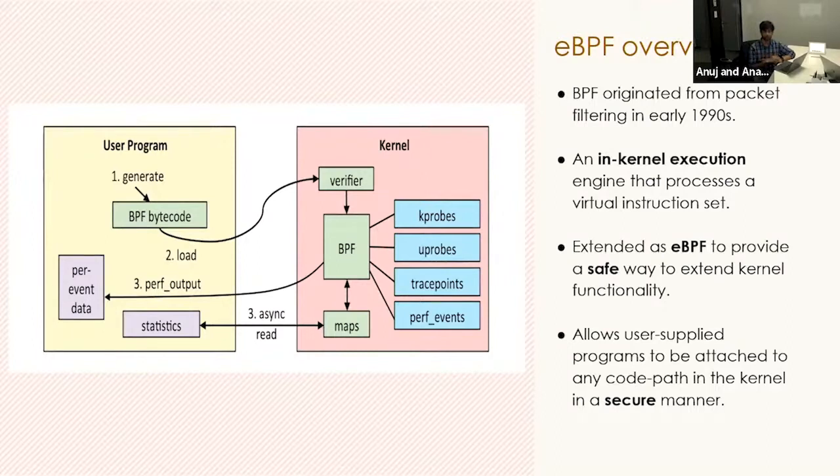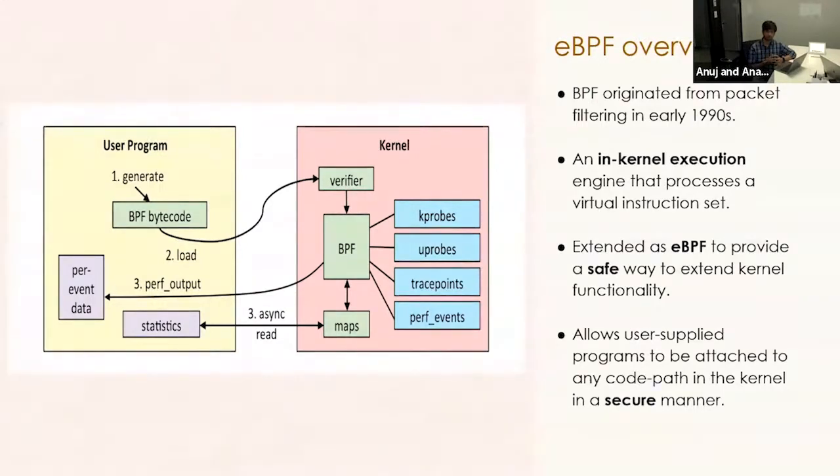Looking at the diagram, this is what an eBPF program's flow would look like. It has a user space program and a kernel space program. A user program would generate a BPF bytecode, which would then be loaded into the kernel via one of the available loading libraries. In the kernel, there's a verifier which verifies the safety of the program. It would check for things like any unsafe memory allocations, or any infinite recursions in the program.